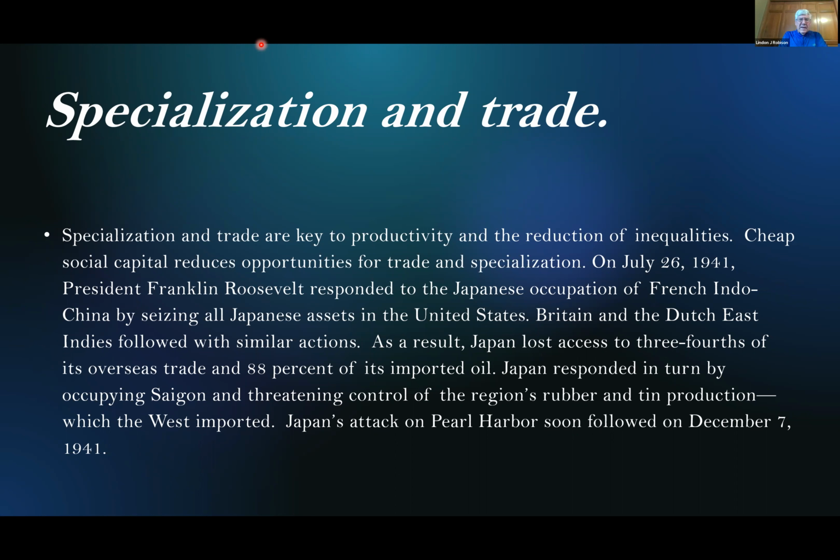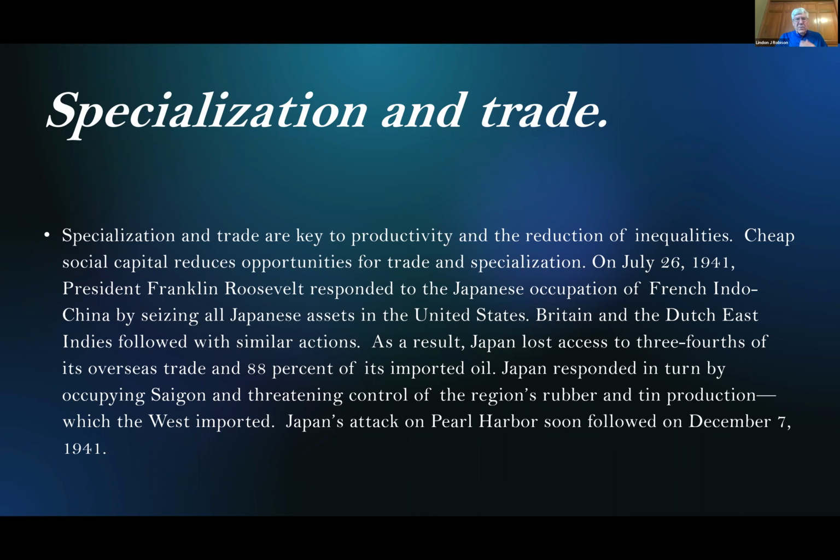So one of the things that happens when we create cheap social capital and cheap social capital objects is we create us versus them. And when we include relational bads in the exchange, hardly ever are we willing to trade with people we don't like. An example of that was on July 26, 1941, when President Franklin Roosevelt responded to the Japanese occupation of French Indochina and seized all of their assets, and that was devastating to the economy of Japan.